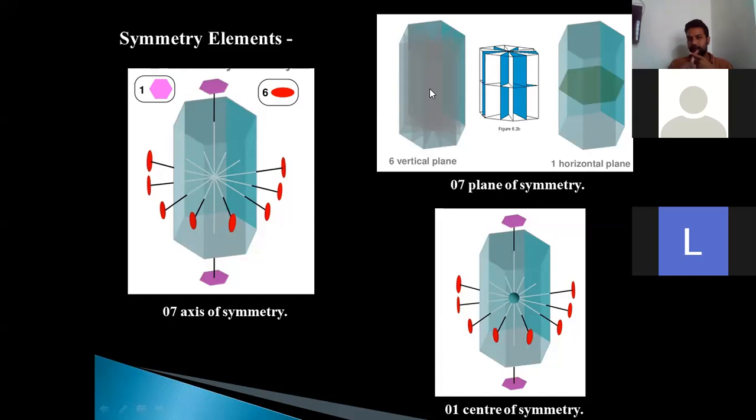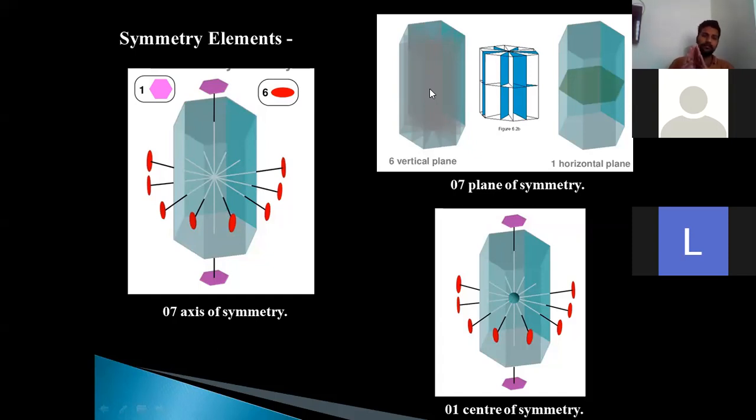So the referred phase will repeat itself twice if you hold the crystal along the two-fold symmetry axis, whereas if you hold the crystal along the six-fold symmetry axis, the referred phase will repeat itself for 6 times.